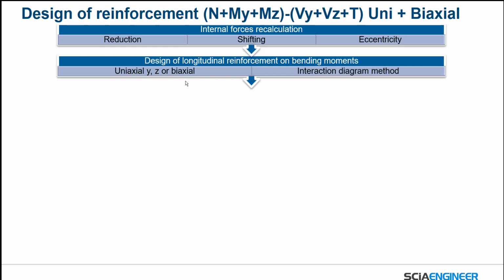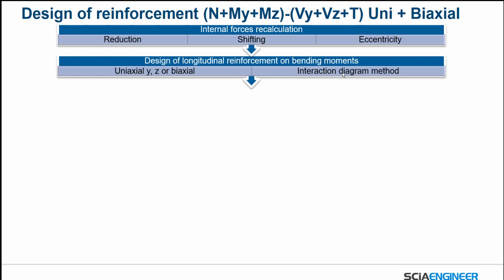In SCIA Engineer by default it's the biaxial method, so if you have bending moment in Y and bending moment in Z, then both of them are taken into account for the calculation of the reinforcement. The same thing for shear, but of course you can switch all that off and you can design for uniaxial.